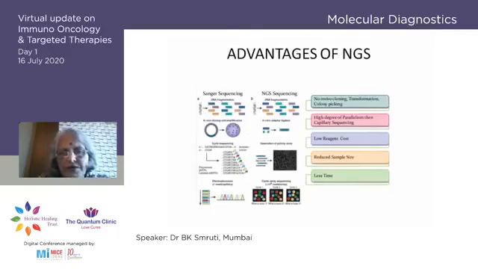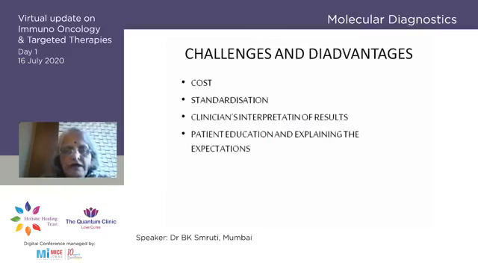So the advantages of NGS, as you see, is that it has a lower cost, but of course that is for the future. At present, it is expensive, but some of the panels which are available in India are cost effective. You need a lesser amount of tissue and less time. Next slide. The challenges and disadvantages are the cost, the standardization, the clinician's interpretation of results, which is most important. You get the report, it is very important how you interpret this and put it into practice.